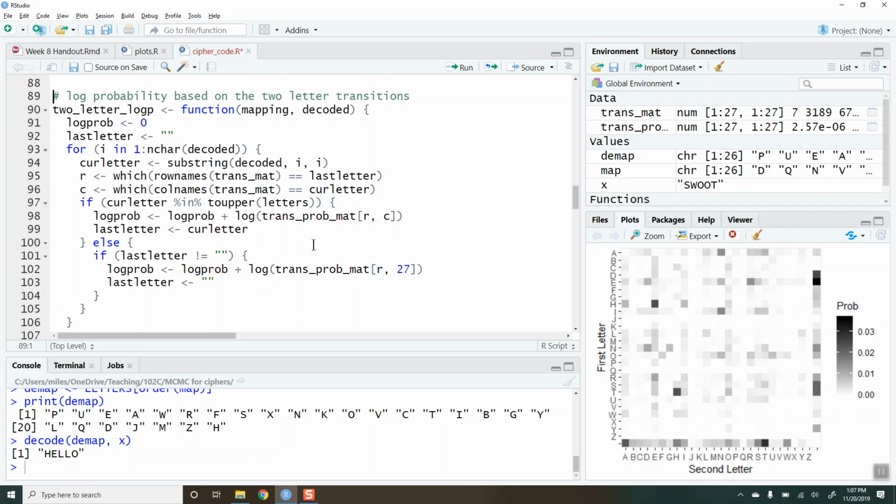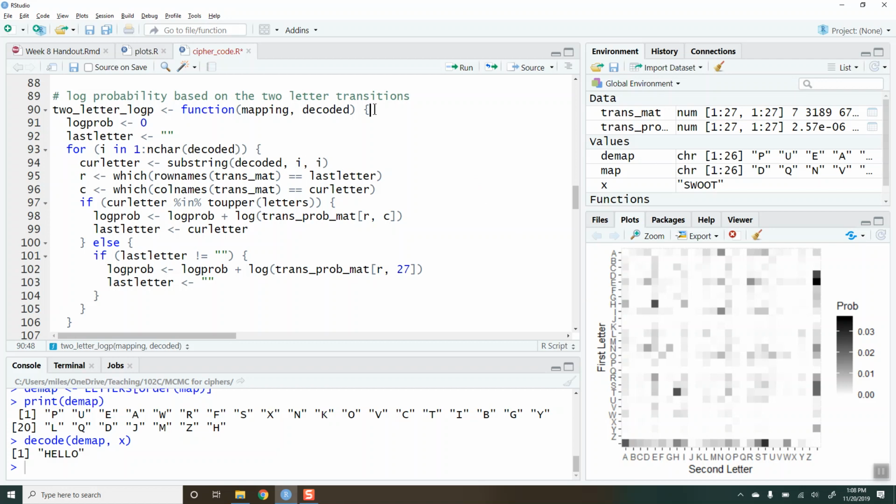We look at the two-letter transition probabilities, and if we see transitions like TH and HE, we say, okay, that seems pretty good. If we see transitions like FM and ZX or things like that, we would say those get low scores, right?